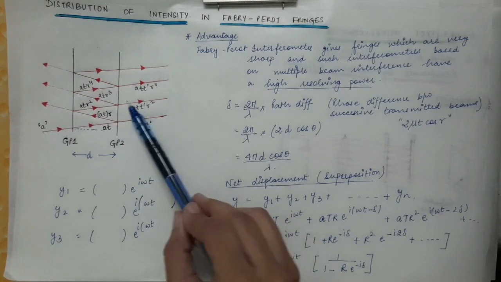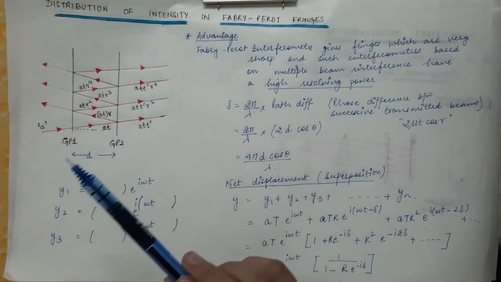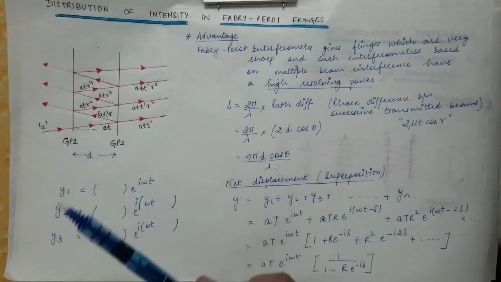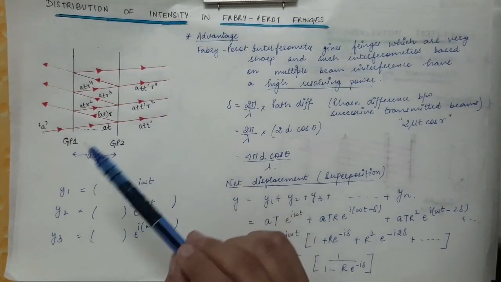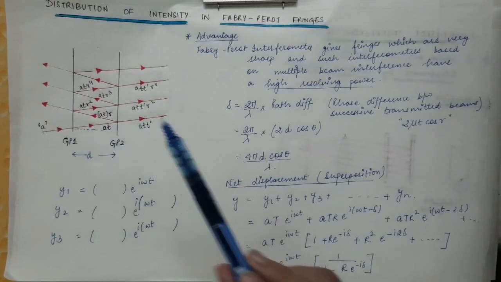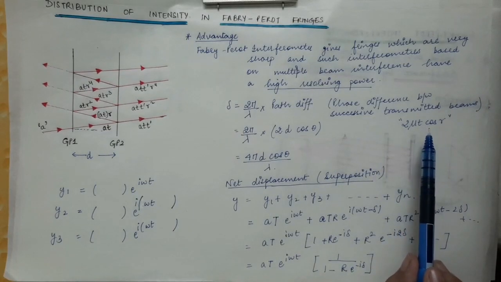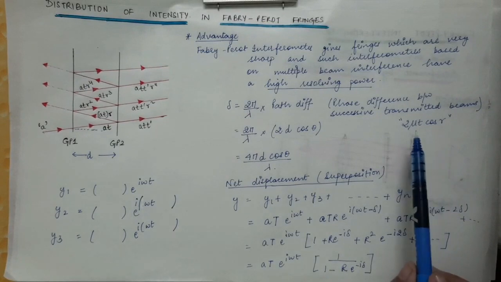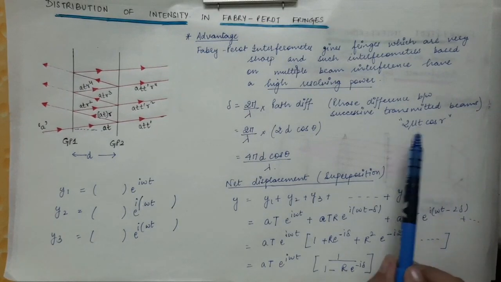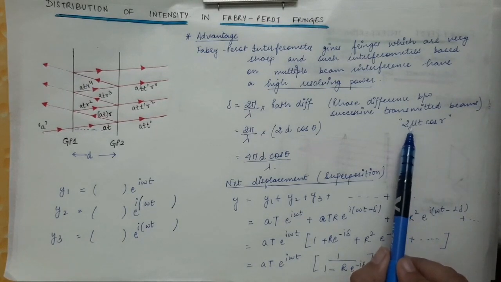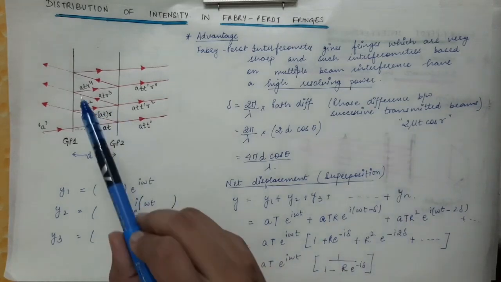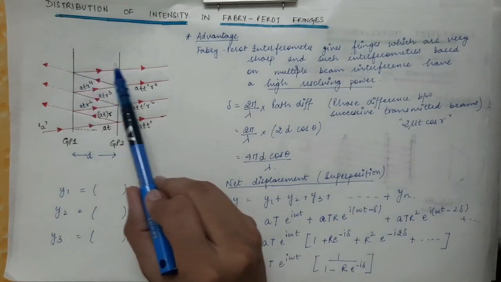Here we are considering only the transmitted rays, so we will use the formula for the path difference of the first two transmitted rays. In that case it came out to be equal to 2 mu t cos r. In the article on thin films, the path difference came out to be equal to 2 mu t cos r. Now what is mu? Mu is the refractive index of the medium present between these two plates.